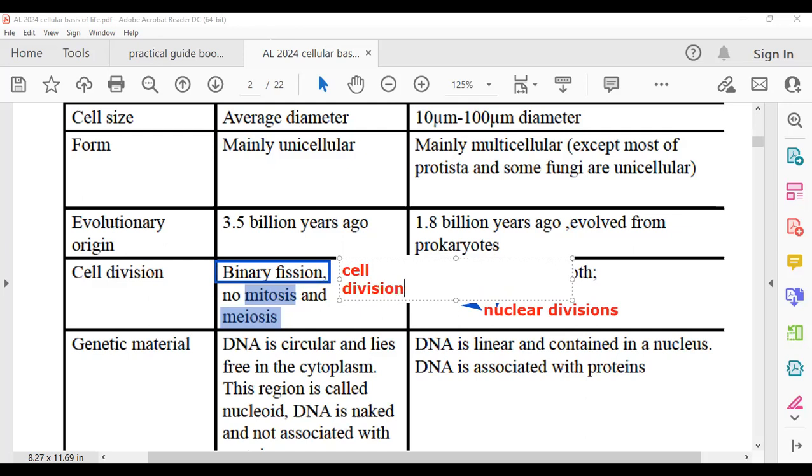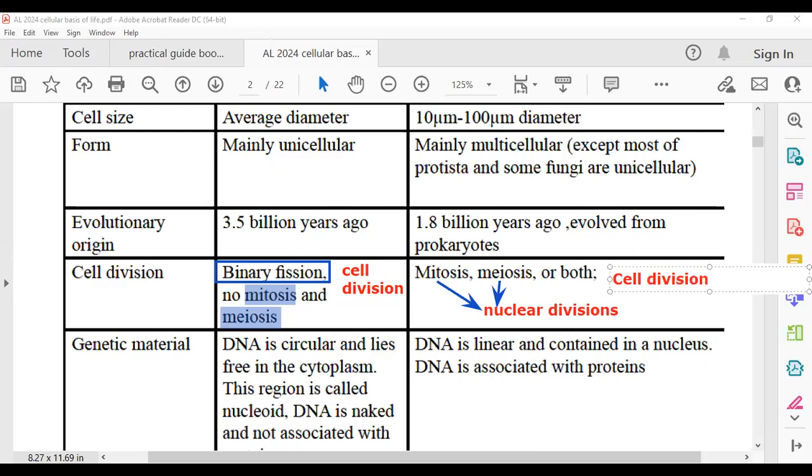The cell, not the nucleus. Cell division is equal to nuclear division plus cytoplasmic division.